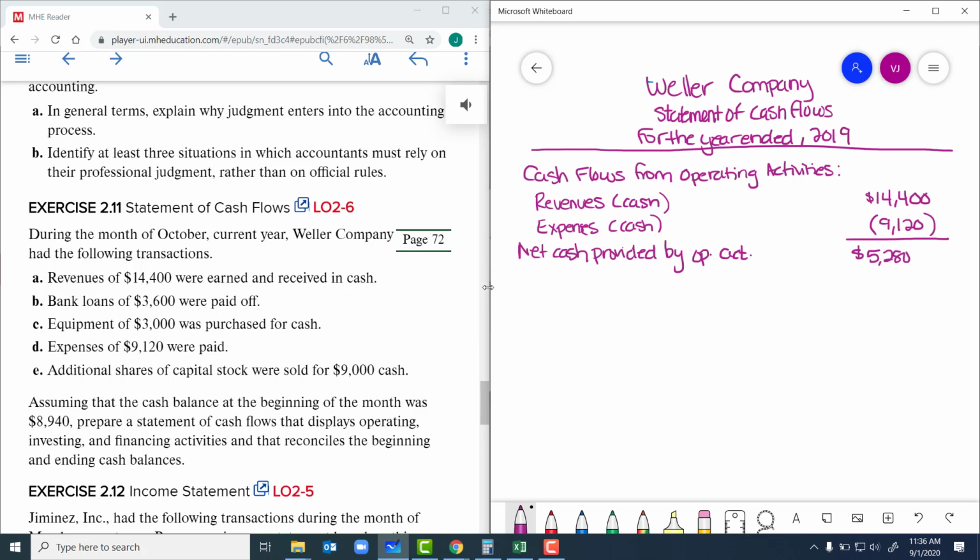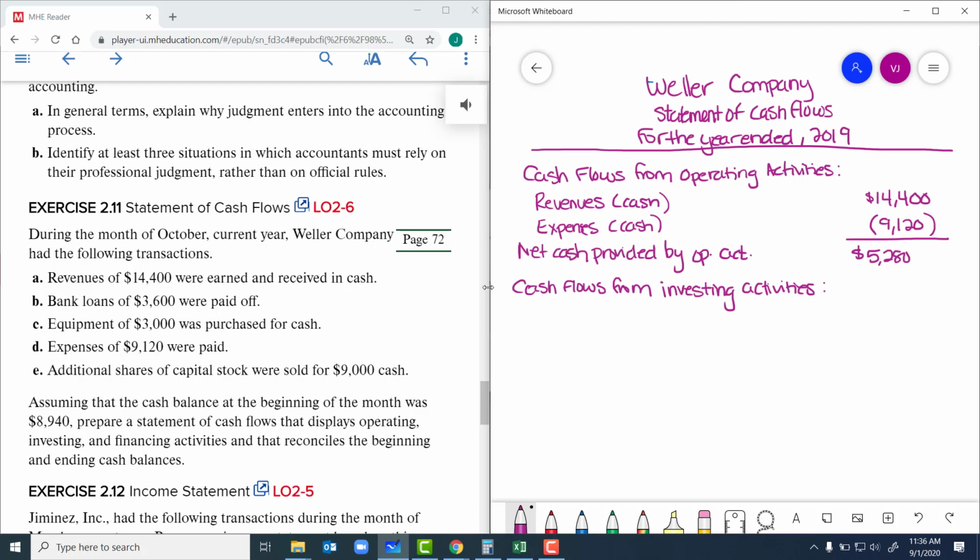All right, the next one is cash flows from investing activities. So these are any activities, any cash in or cash out related to investing back into the business, right? From the business's perspective.